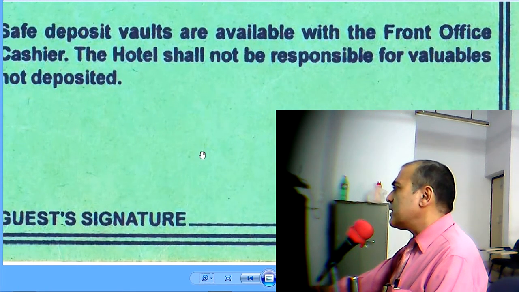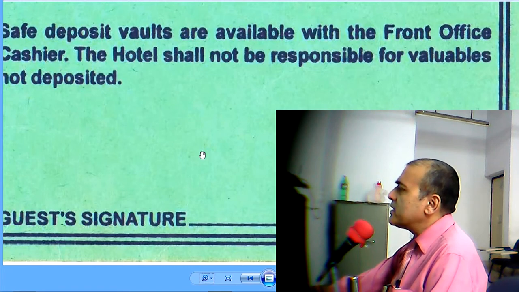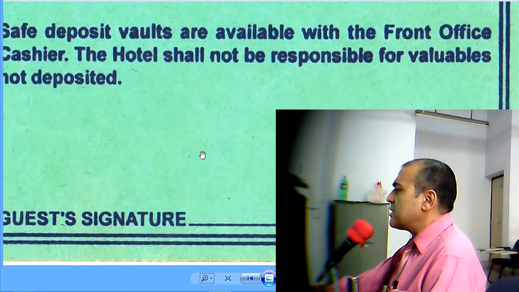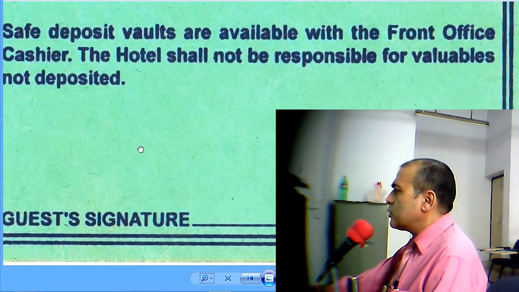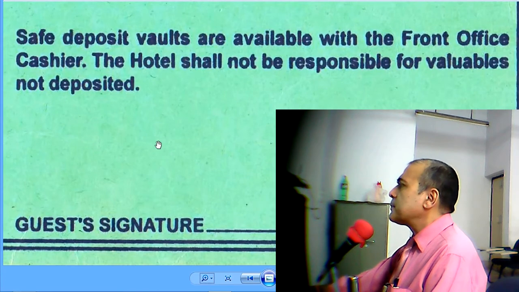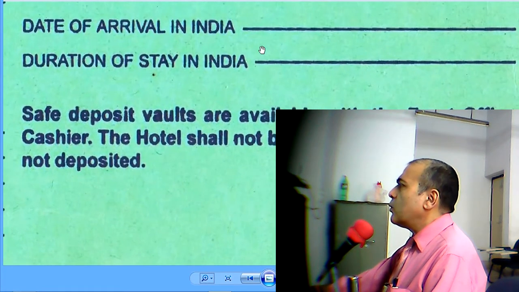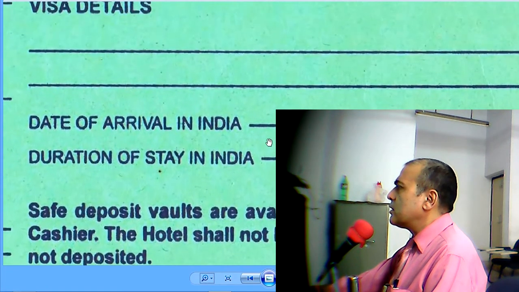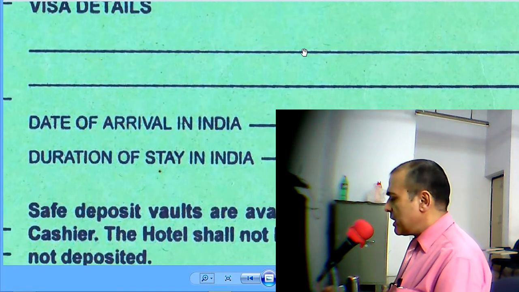Credit card, I think signatures are not mentioned, but there is a place where the guest can put his signature behind the credit card. So you must make sure that the guest signature is taken and it is legible, it is clear. So this is what we have discussed about guest registration card, GRC.